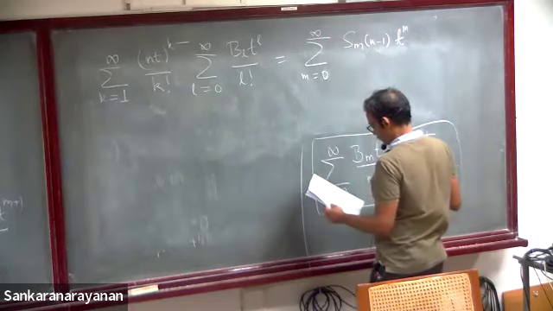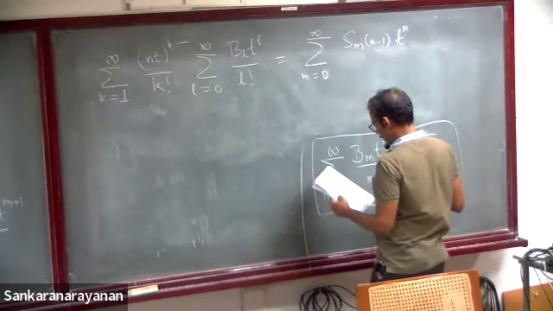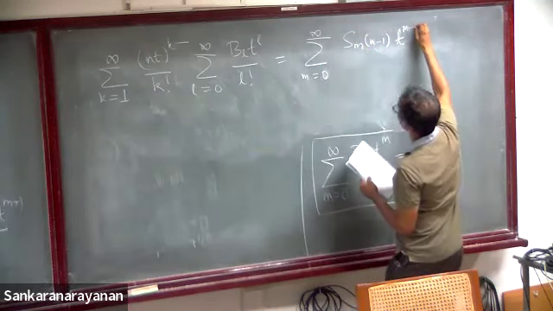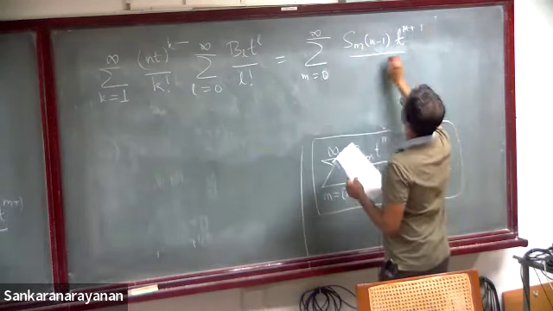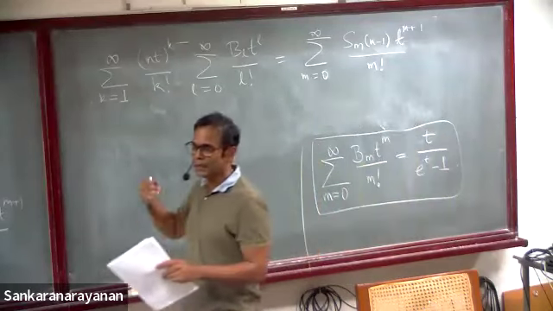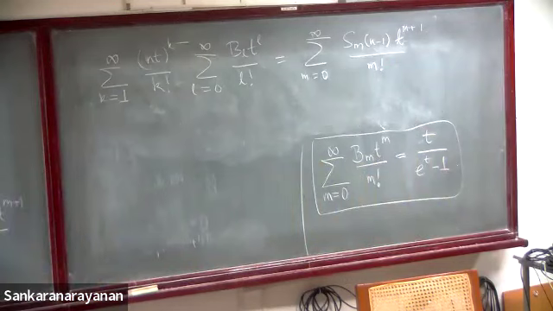I'm so scared of changing these indices, I always make a mistake. So now you need to just compare the coefficients of t^(m+1) on both sides.